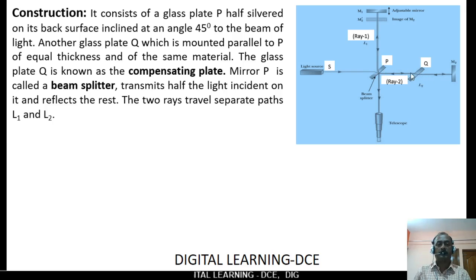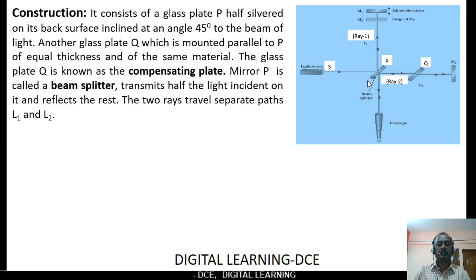These two glass plates are made of the same material. The glass plate Q is known as the compensating plate. The plate P is called a beam splitter because it is half silvered on its backside. It transmits half the light incident on it and reflects the rest.